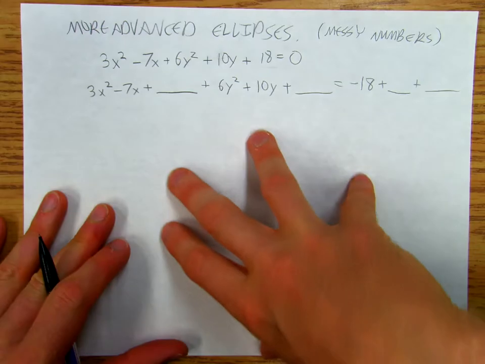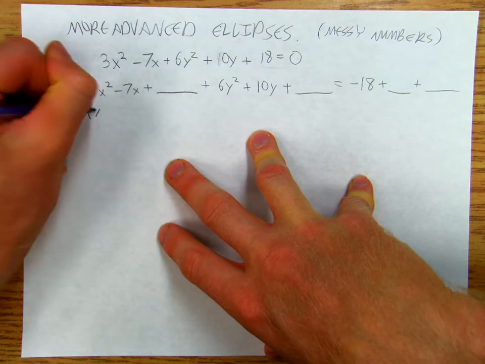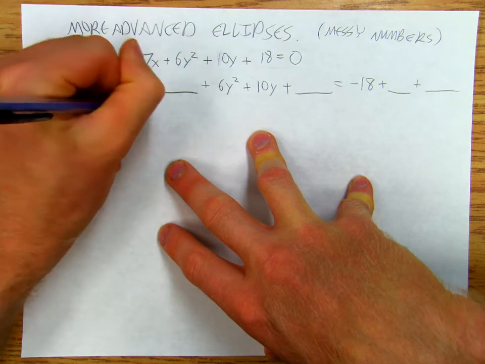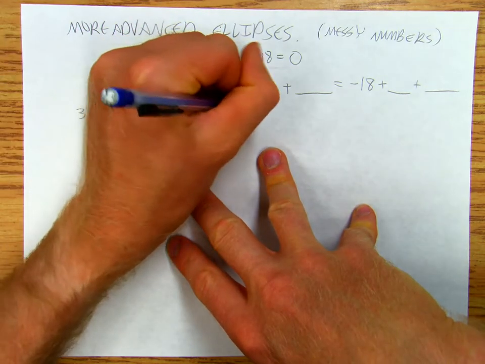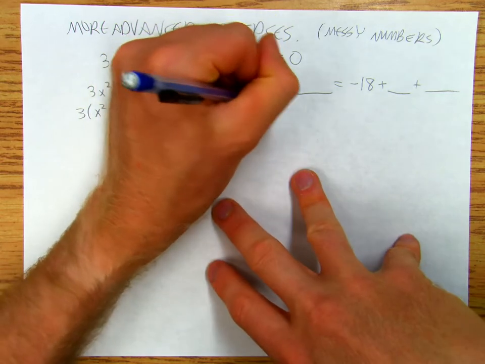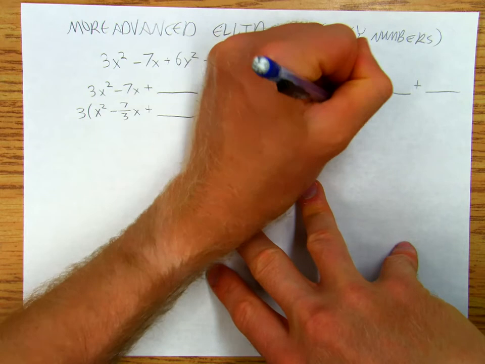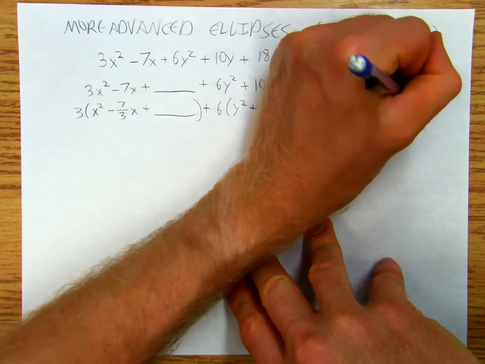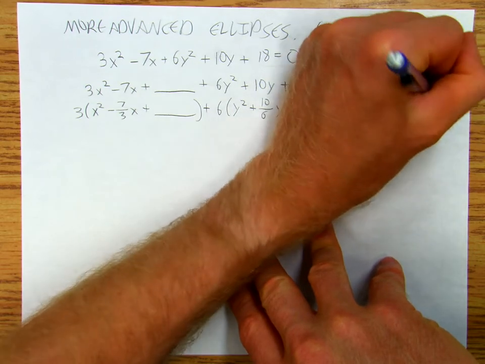Okay, so now I do 3 times x squared minus 7/3 x plus blank plus 6 times y squared plus 10/6 y plus blank equals negative 18 plus 3 blank plus 6 blank.